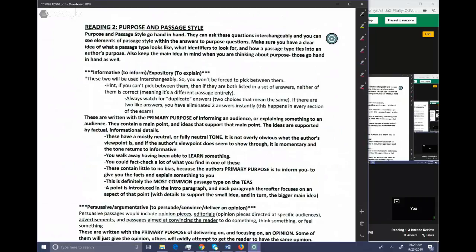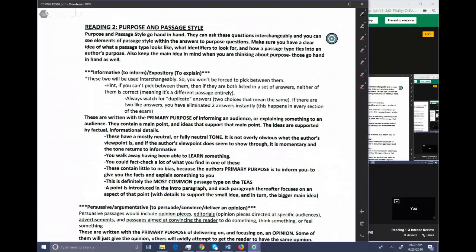Main idea and purpose have a lot in common. Sometimes a purpose is quite literally identical to a main idea. Sometimes it's not. So for example, I could say that my main idea is how to buy a car, and my purpose could be to explain how to buy a car, so they're almost identical.